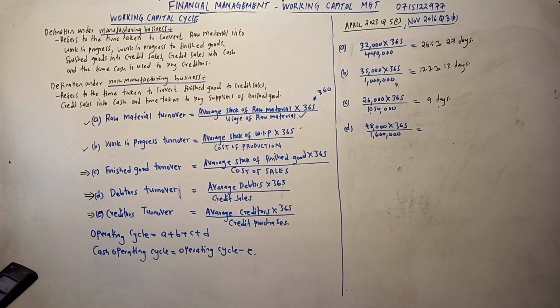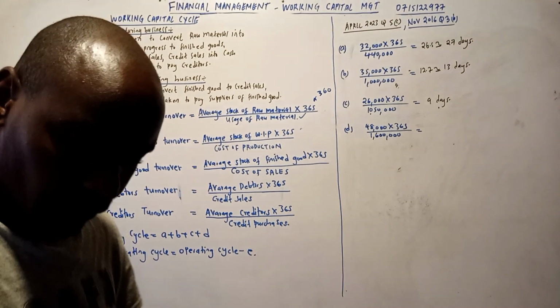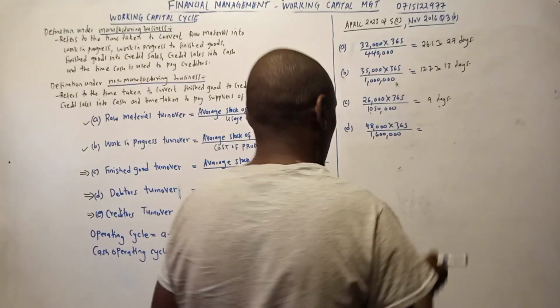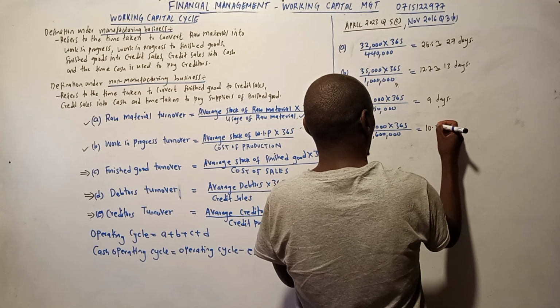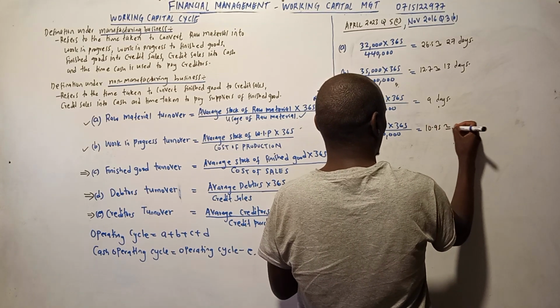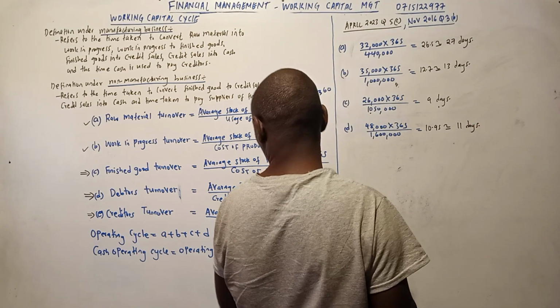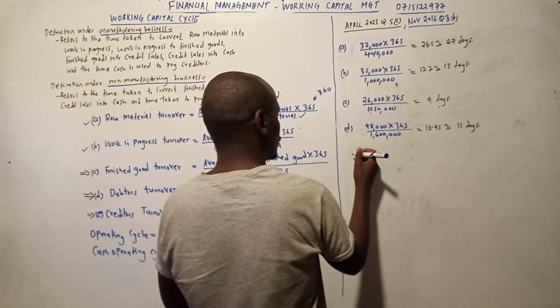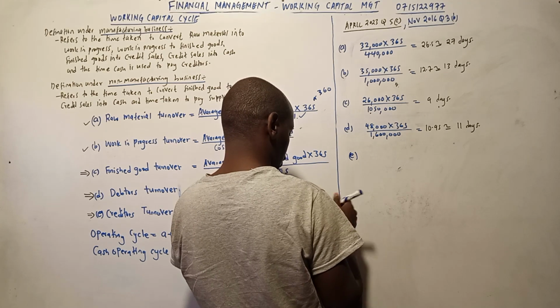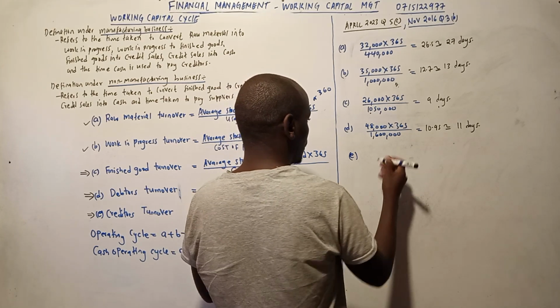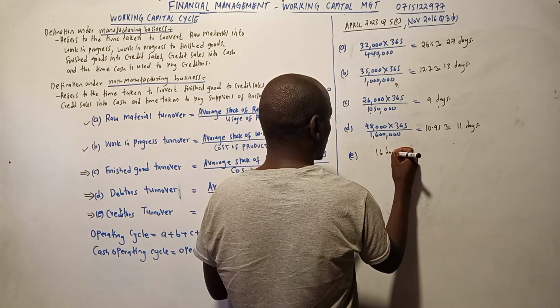So 48,000 times 365 divided by 1,600 is 10.95, which is approximately 11 days. We cannot have fractional days. And then E has already been given, so we know it is 16 days.